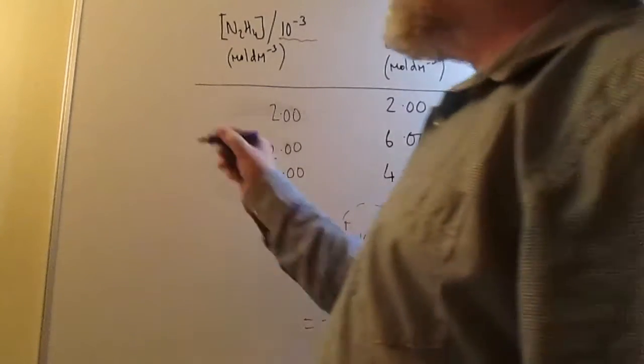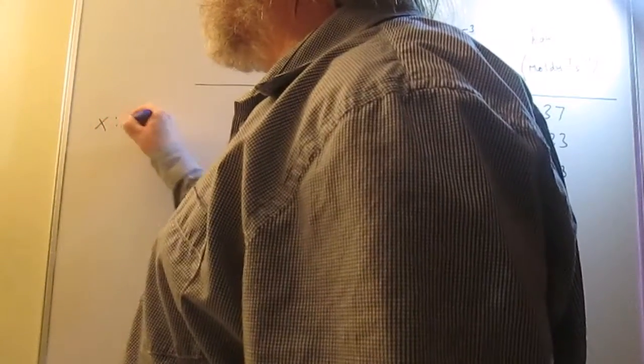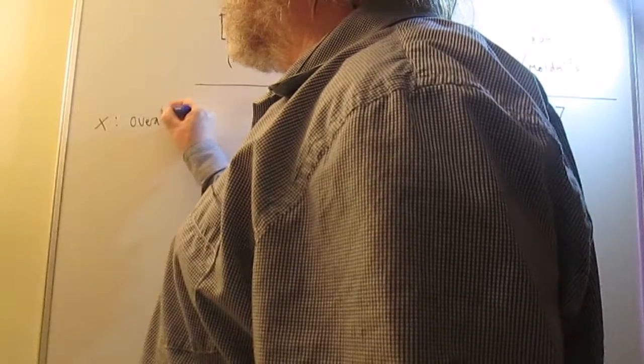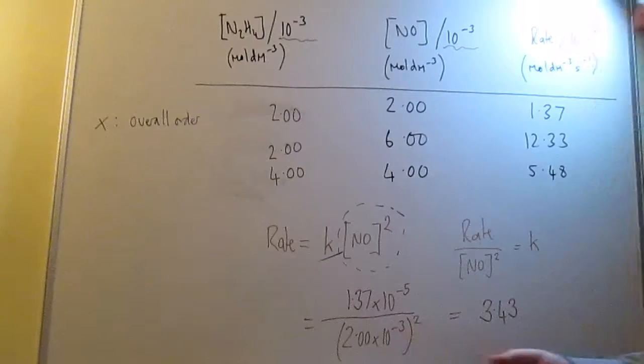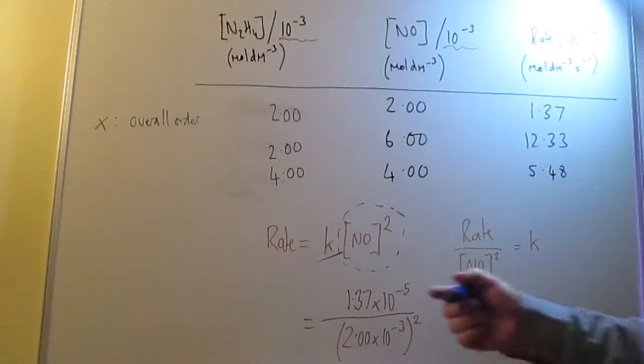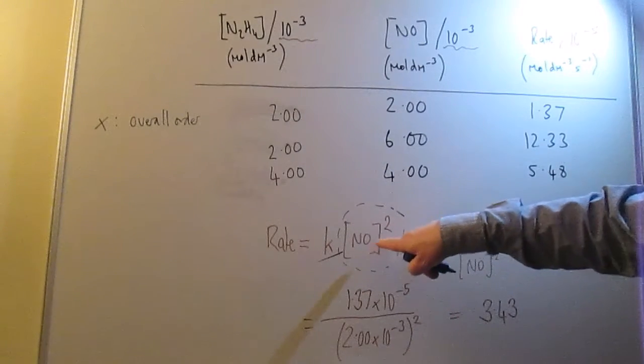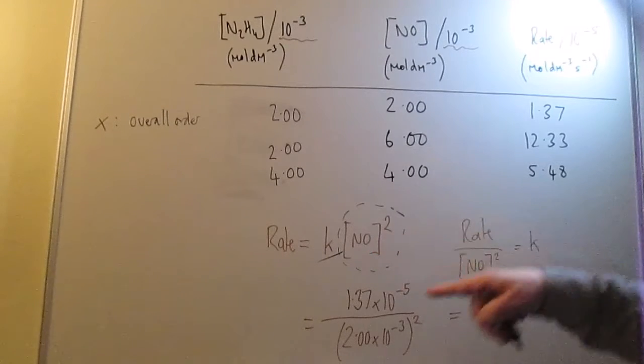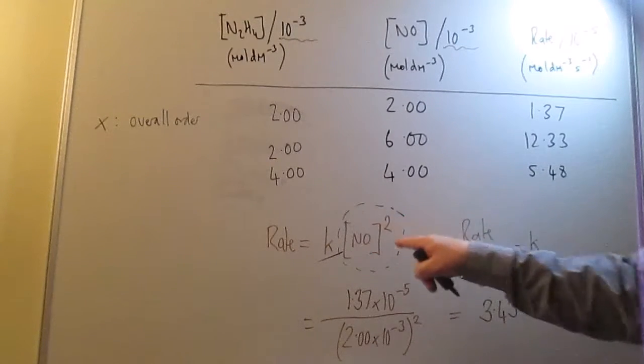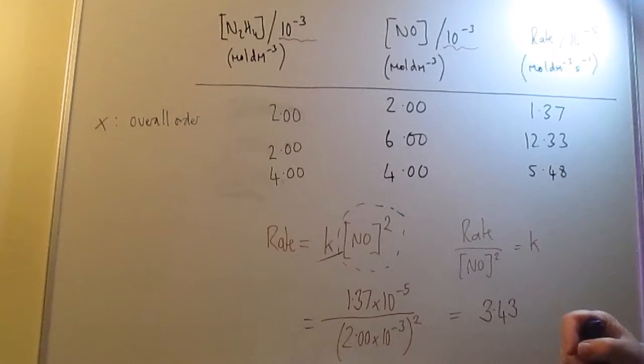So the recipe says that you find this number x, which is the overall order of reaction, and the overall order means that you just add up the individual orders for each reactant. So in this case that's just 2 because we've just got that reactant and it's squared, but if there were several reactants you would add up the individual powers.